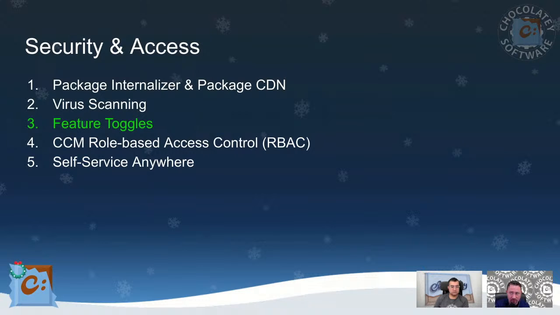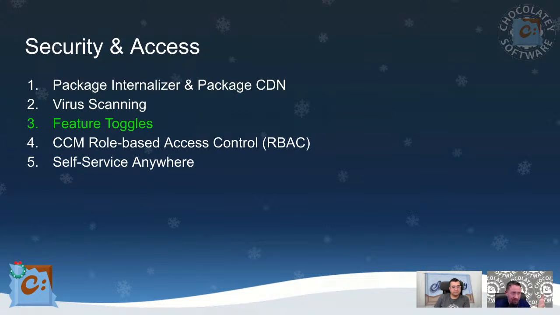In CCM itself, central management, we have a lot of role-based access control, and you have control of setting that up. You can create your own roles as well. And we have another thing called self-service anywhere. What self-service gives us the ability to do is say, hey, there's a user, and we want to empower them to install software that we've approved, but we don't want to give them administrative rights.